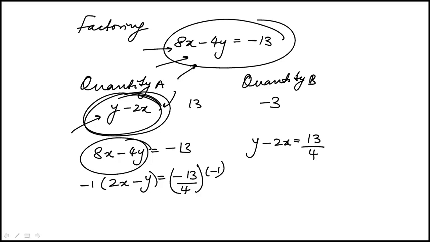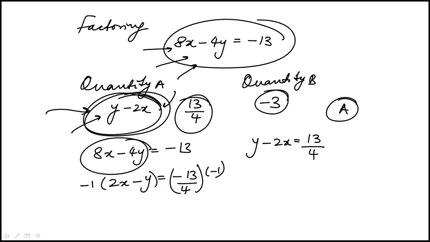And so quantity A, we actually have a unique value, and it's 13 over 4, which is clearly greater than negative 3, so the answer here is A. So keep an eye on these types of expressions where you can find what they're asking for, even though you don't really know what x and y are.